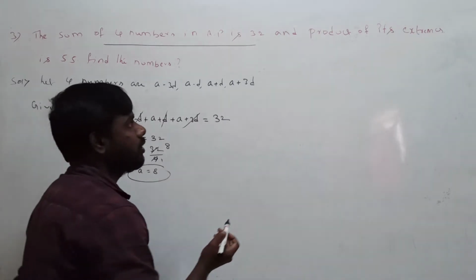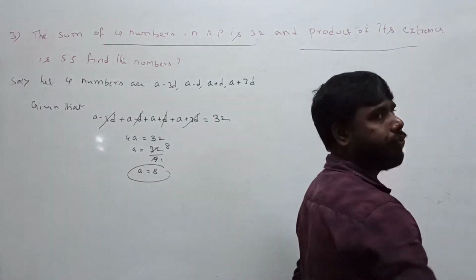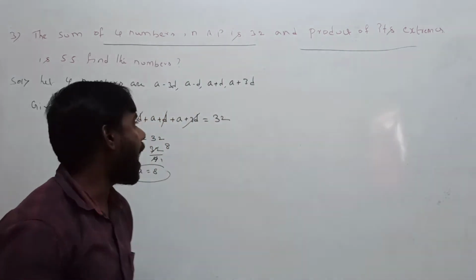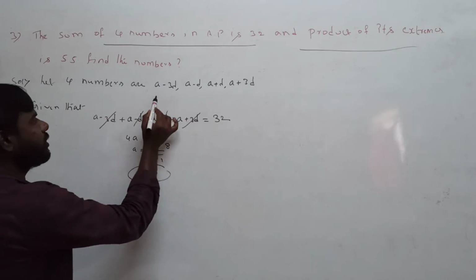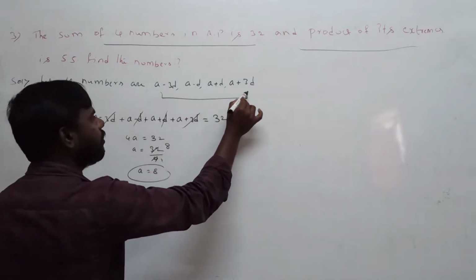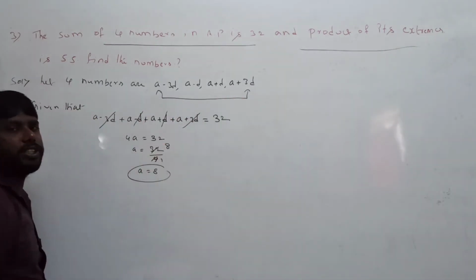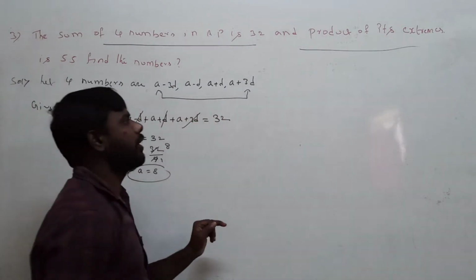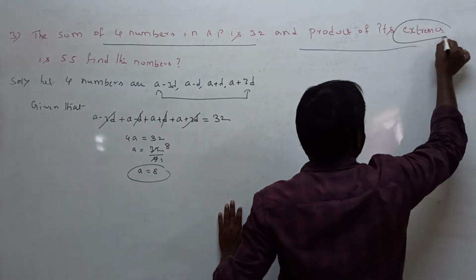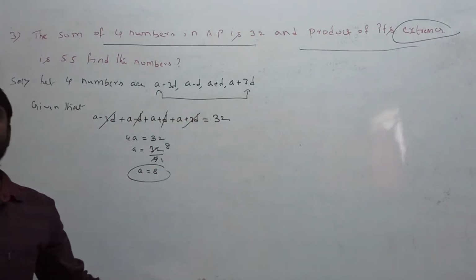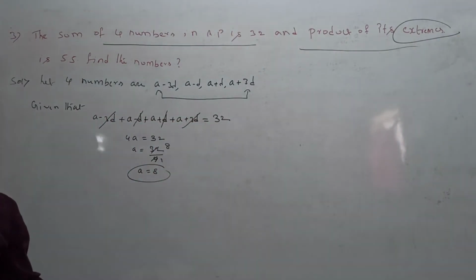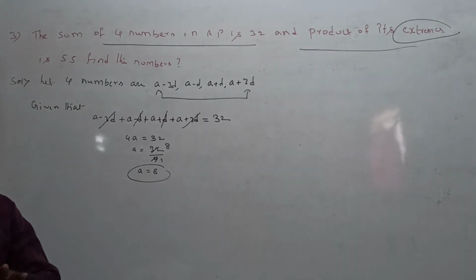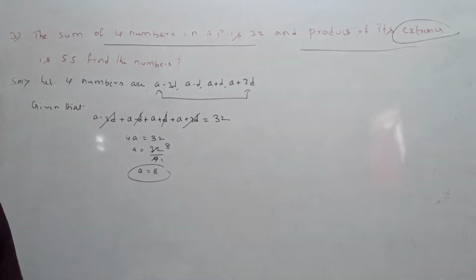Next, they are giving the product of extremes. Extremes means the product of the first element and the last element. You can remember it this way: in the previous question they gave only the product of the values, but here it is mentioned the product of its extremes, meaning the first element and the last element.